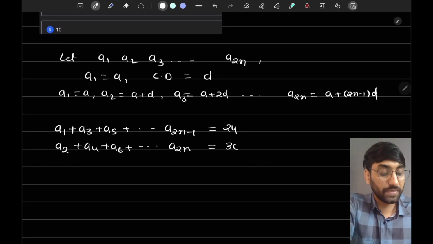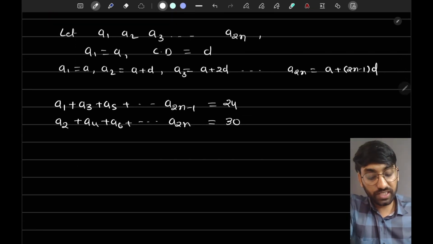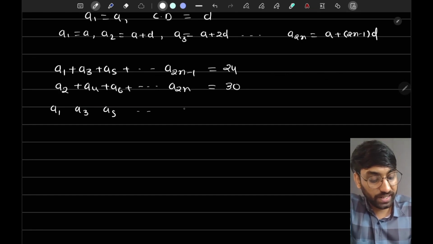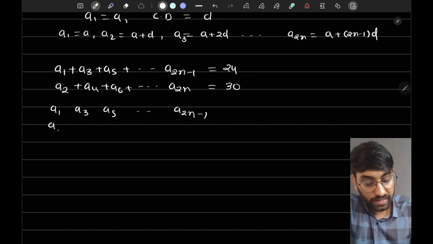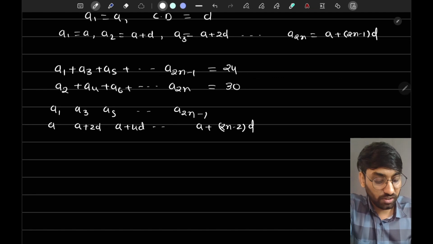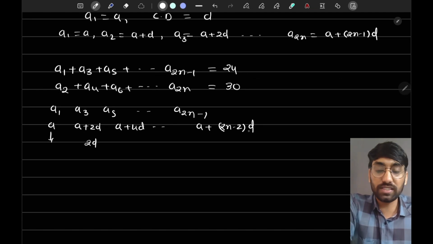Correct? Now the thing that we need to observe here: if you closely see this sequence a1, a3, a5 and so on till a(2n minus 1), that is nothing but a, a plus 2d, a plus 4d and so on, till a plus (2n minus 2)d, right? So this is also an arithmetic progression with first term a and common difference 2d, right? And the total number of terms this sequence is having is n.